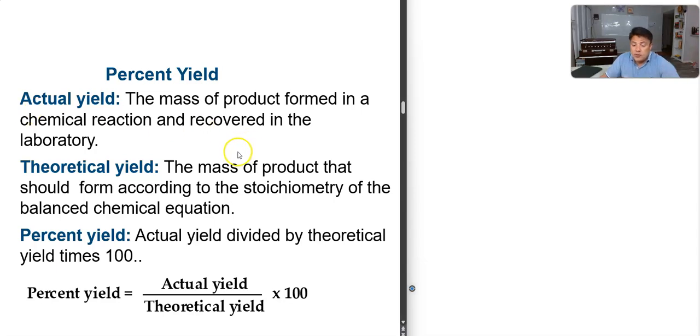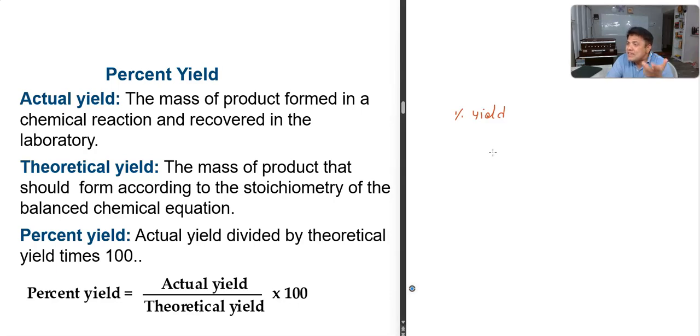So now, percentage yield, right? We discussed it in the last slide. First of all, percentage yield. If we do some reactions or an experiment in the laboratory, you cannot have 100% product, right guys? Nobody can yield 100%.